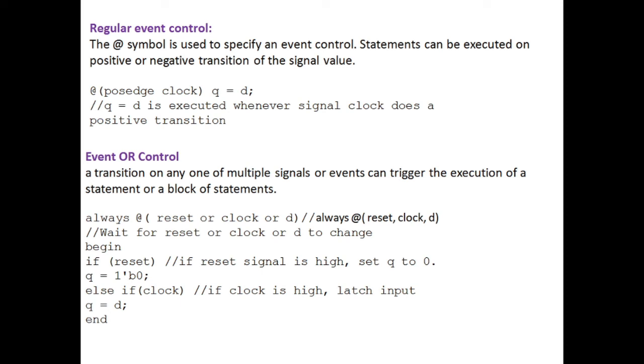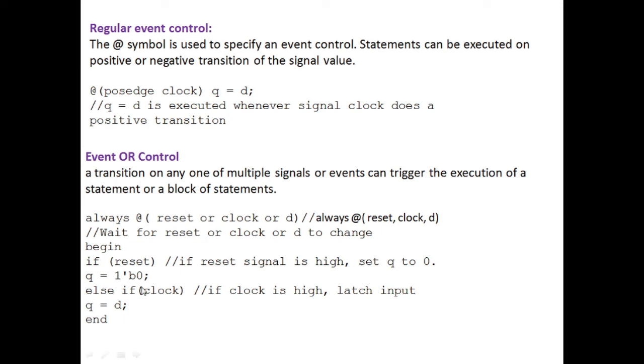For example, I have here in my sensitivity list reset, clock or D. These are the three signals, and if reset, which is the topmost priority, is active, that means q equals 1-bit binary 0, the output will be fixed to 0.